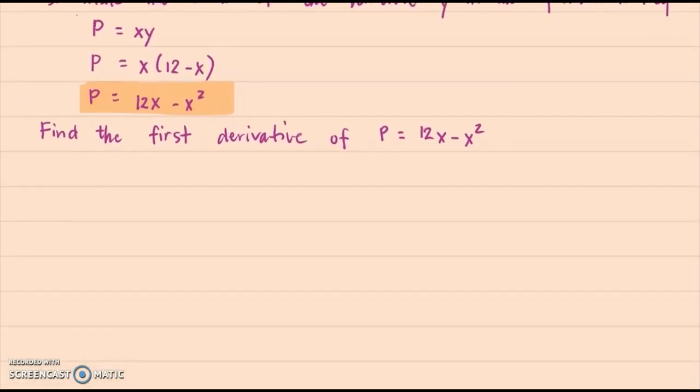So we have here p prime is equal to 12 minus 2x.